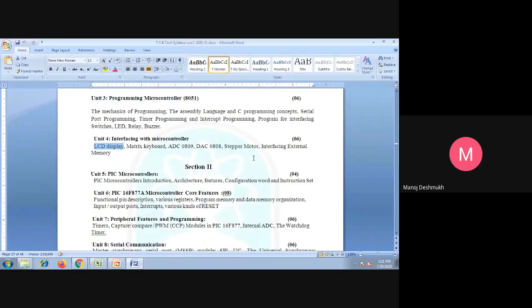And in the same way we go for the third objective outcome. The third outcome is: able to select appropriate IO device or devices.